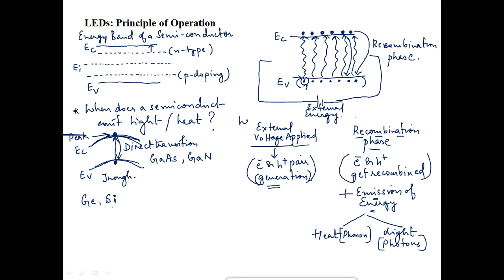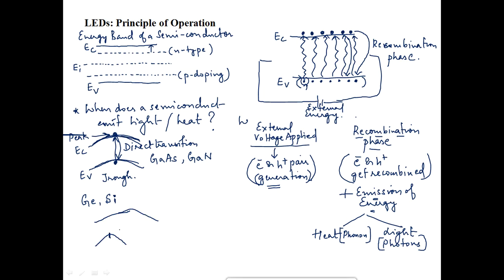So a silicon based diode or a germanium based diode, how are their band gaps? They are something like this.